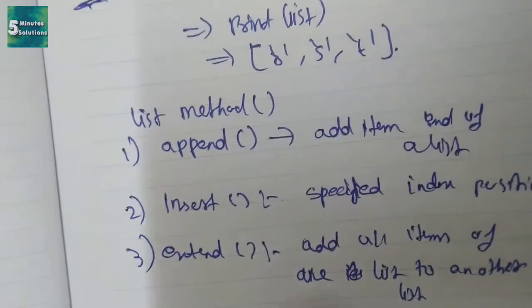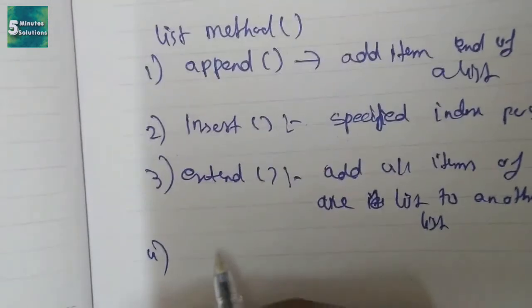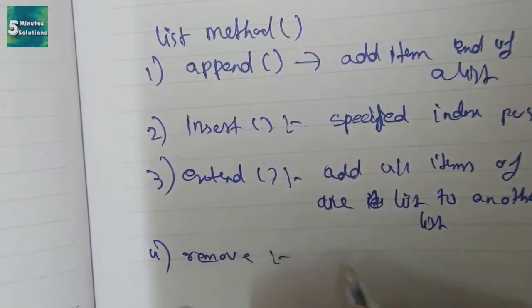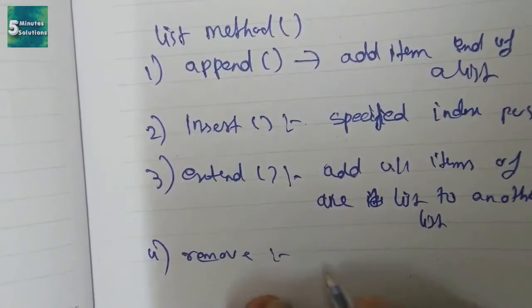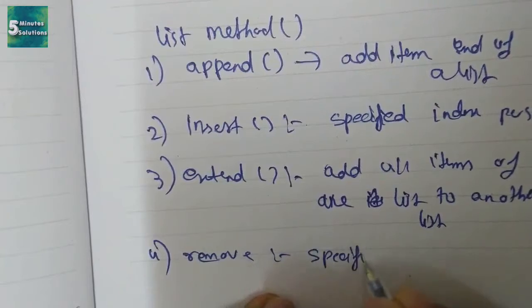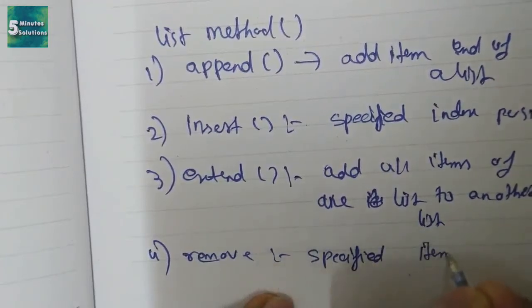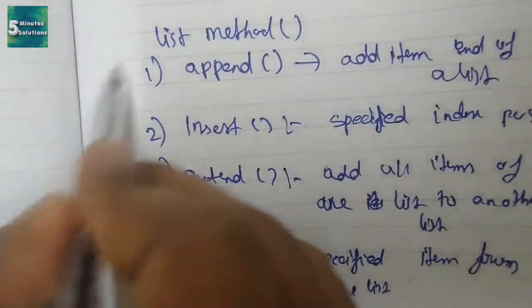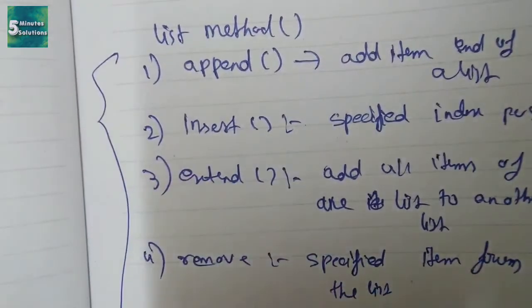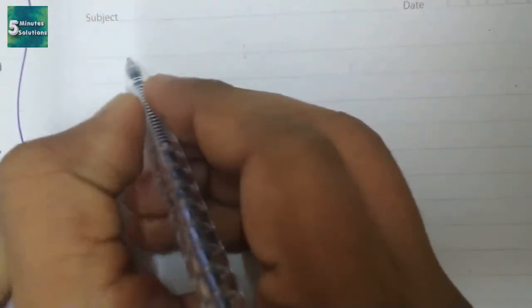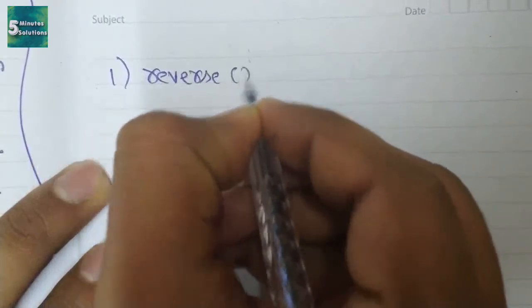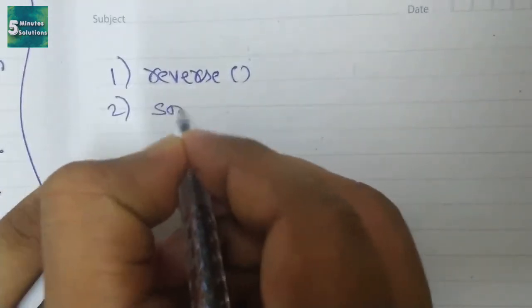Now fourth one, remove. The remove function is used to remove a specified item from the list. These are some of the list methods. For ordering elements of a list, we can use the reverse function and the second one is sort.